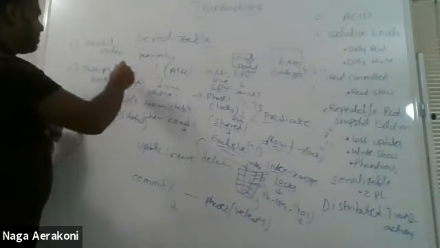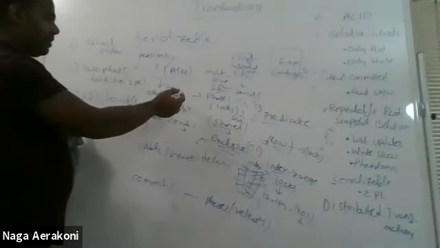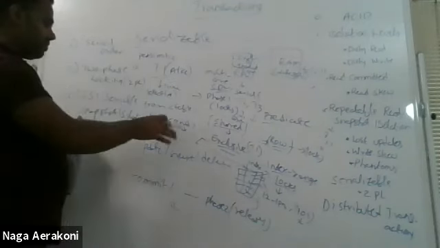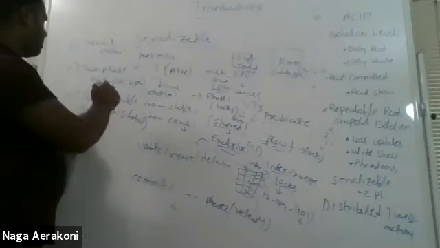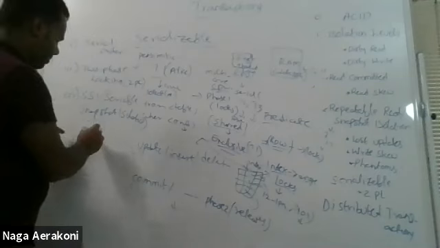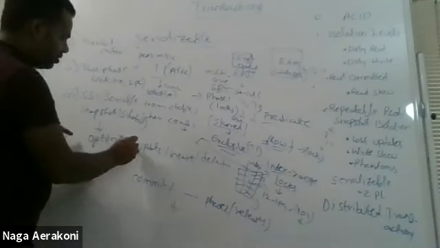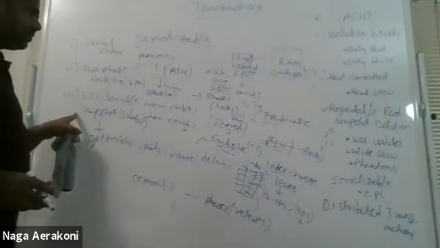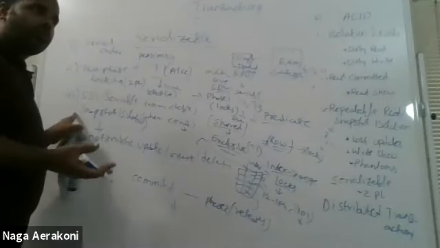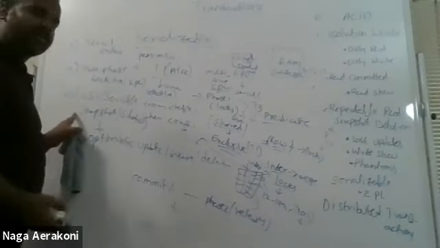Pessimistic means it assumes that anything can go wrong, so it obtains a lock in the first step before even proceeding for updates or commits. But SSI works in an optimistic manner. It assumes that by default things don't go wrong. So let's try to finish the transaction and see if we can complete it.